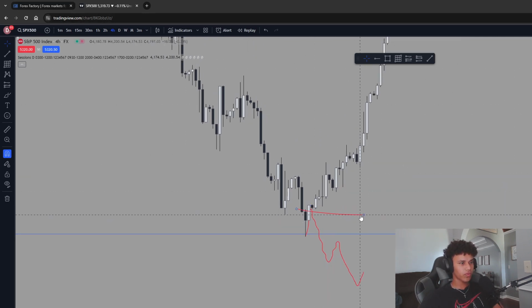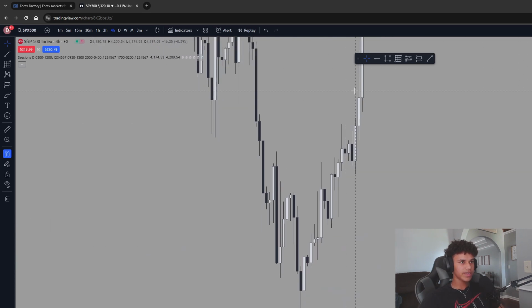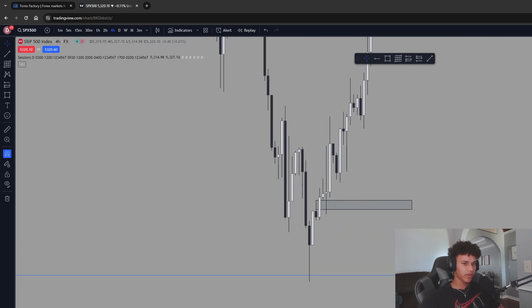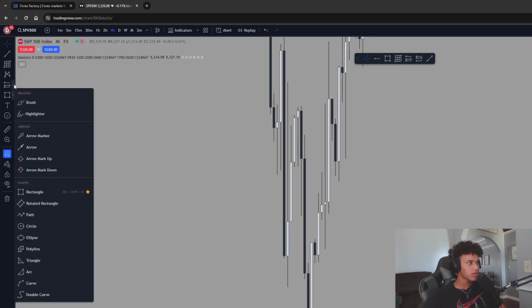Right after the break of structure, we can see there's a fair value gap right here. A fair value gap is a 3-candle pattern. This candle is the first candle, this is the second candle, and this is the third candle.